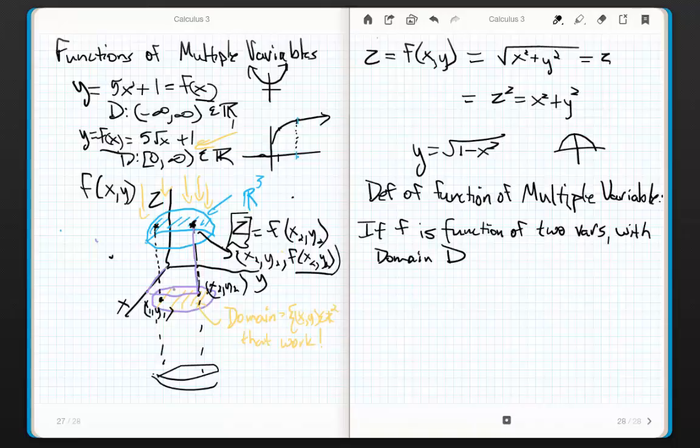D. Now remember, this purple region right here is our domain. It's the shadow that the figure itself casts onto the xy plane, and that's going to be important. With domain D, the graph of f is a set of points x, y, z.